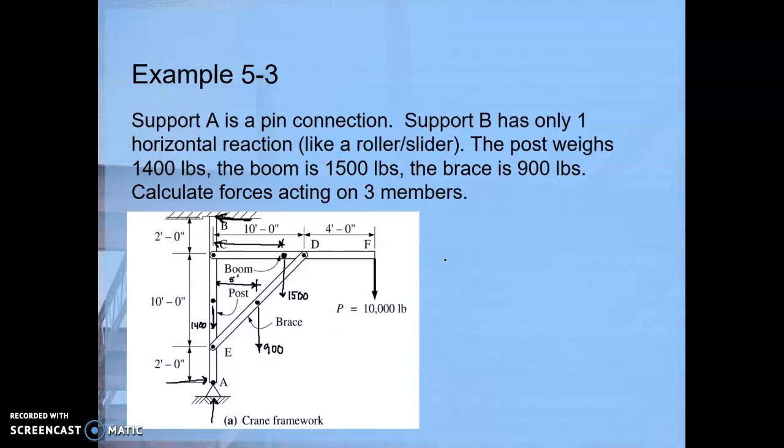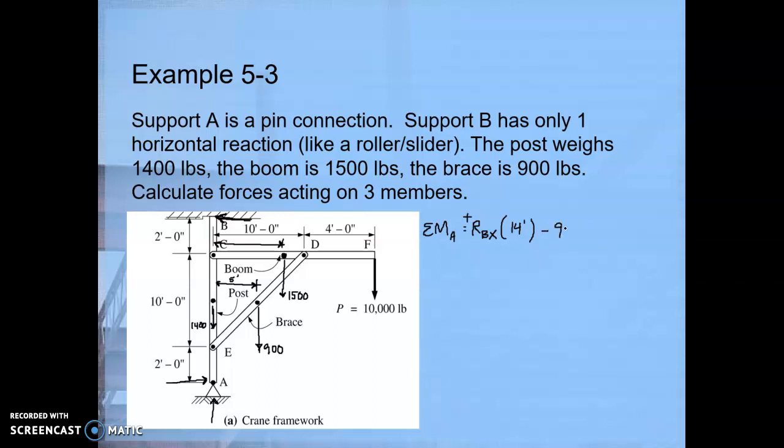So let's find what that reaction at B is by summing the moments about A. If we sum the moments about A, we'll have that reaction at B in the x direction multiplied by its moment arm distance of 14 feet. And that's going to be pushing it back in a counterclockwise direction, so that's positive. These other three forces are all going to cause negative rotations, negative moments.